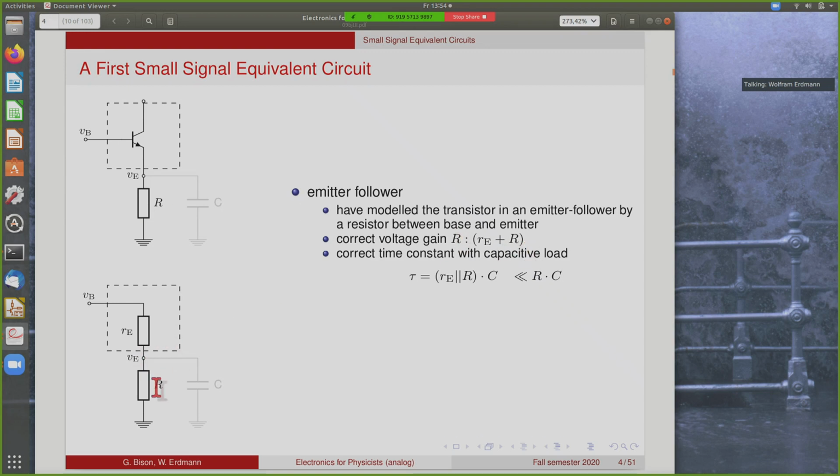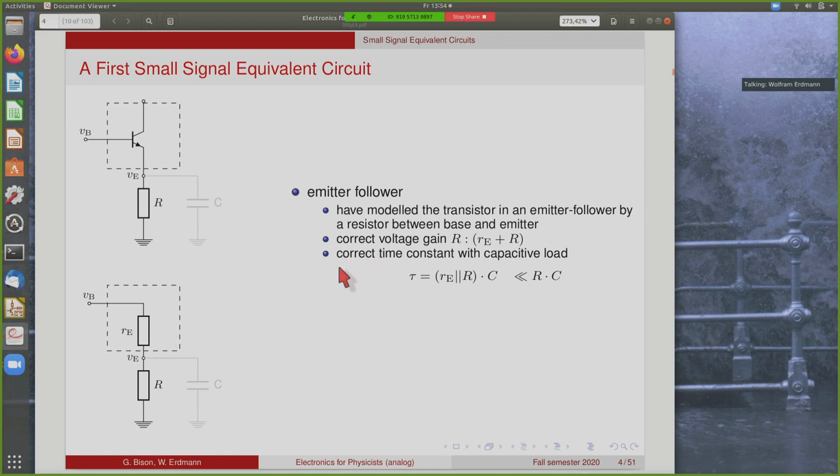It seems to behave like a voltage divider between the load resistor and the emitter resistor, which, I should say again, is not an actual resistor. It's just the slope of this curve. Still, we can treat it as if it was a resistor using these equivalent circuits.